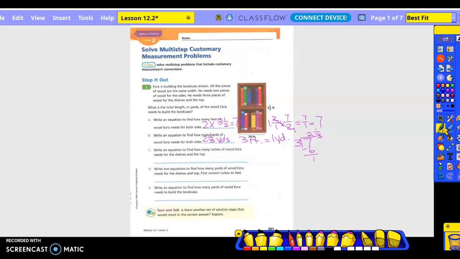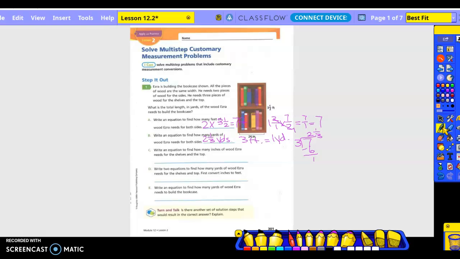yards. Okay. Then write an equation to find how many inches of wood Ezra needs for the shelves and the top. So each shelf is what? 24 inches.